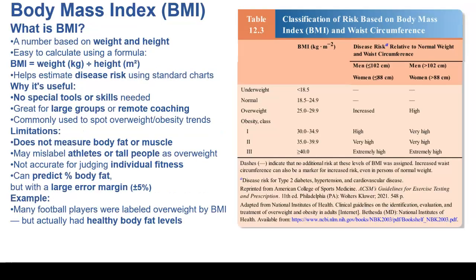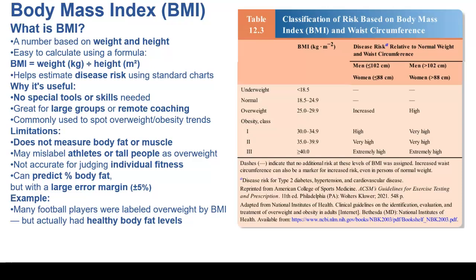Another important factor regarding this chapter is the body mass index. What is the body mass index? BMI is a simple number that tells us if your weight is right for your height.